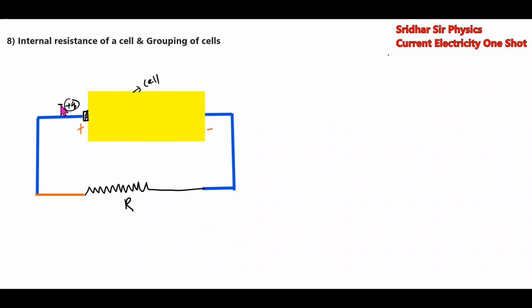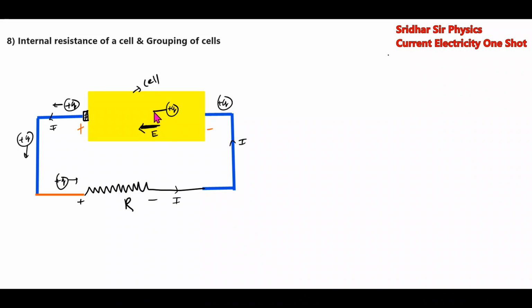Positive charge will enter here. Positive, negative. And the current I will flow in the direction of it. And the same positive charge will enter here. This positive charge flows because of the electrostatic force that is generated by the cell.